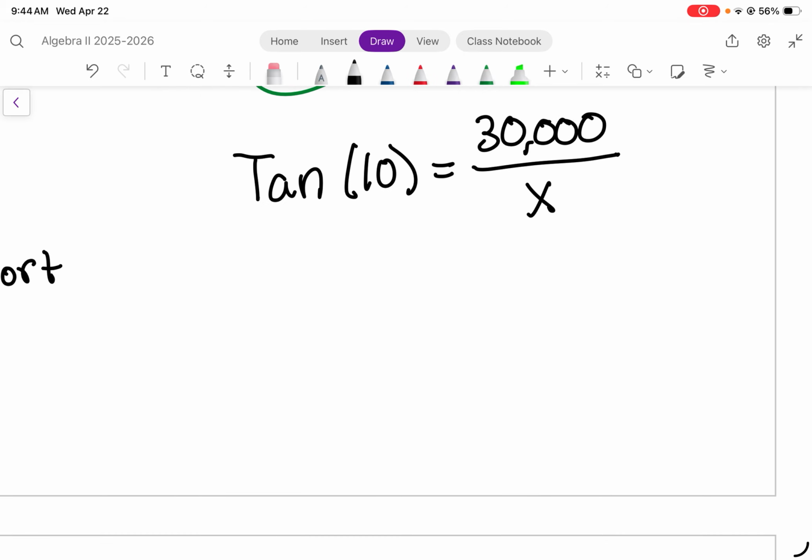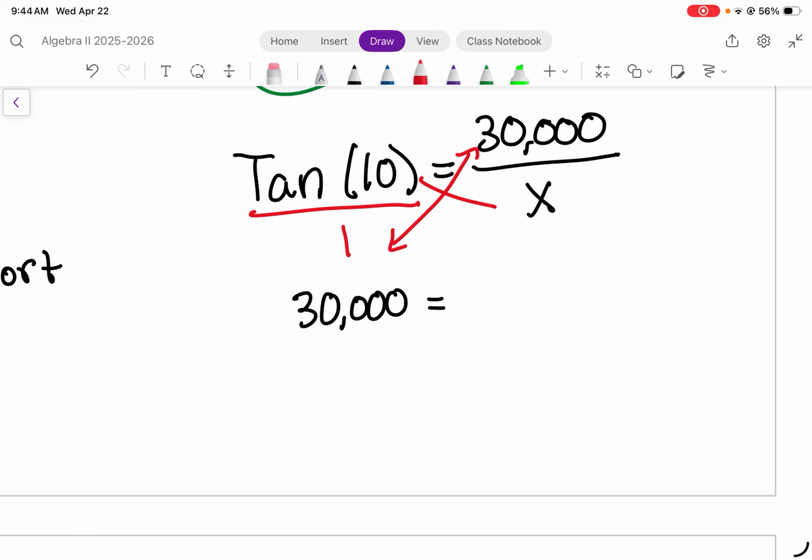And these are the problems where people tend to make some algebra mistakes. If you want, you can cross multiply. So we would just take 30,000 times 1. And then X times the tangent of 10. And just like with when we have a number times that, we put it in the front. So we would have X tangent of 10.